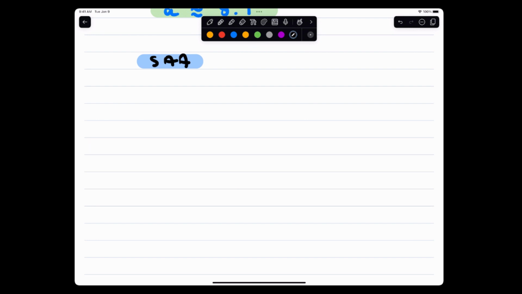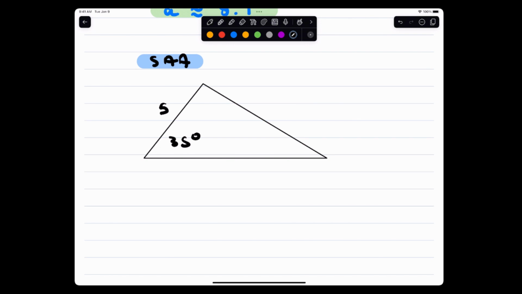So here is an example. So if they gave us 35 degrees, 5, and maybe 8. And this is units here, okay? They could give you 5 inches, 8 inches, right?